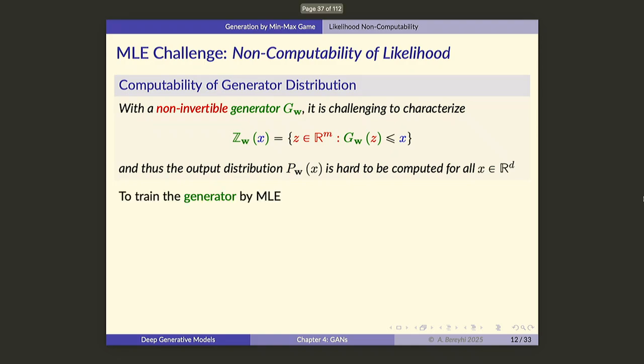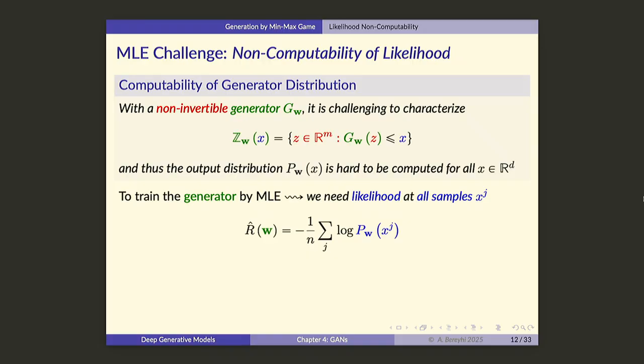This means that you're going to put that particular point in the distribution PW, compute it, and try to maximize it over W. So if you want to train the generator with maximum likelihood, you need to compute the likelihood for all the samples that you have in this form. But the whole issue is that it is very hard to compute for every single point.